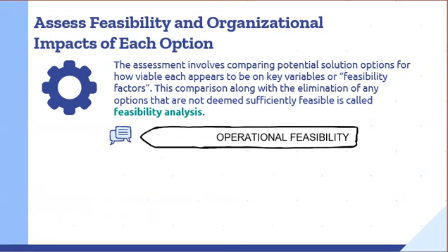So some of the questions may include: how well does the option in question meet the business needs? Or how does the solution fit into the organization, including its impact on the organization?